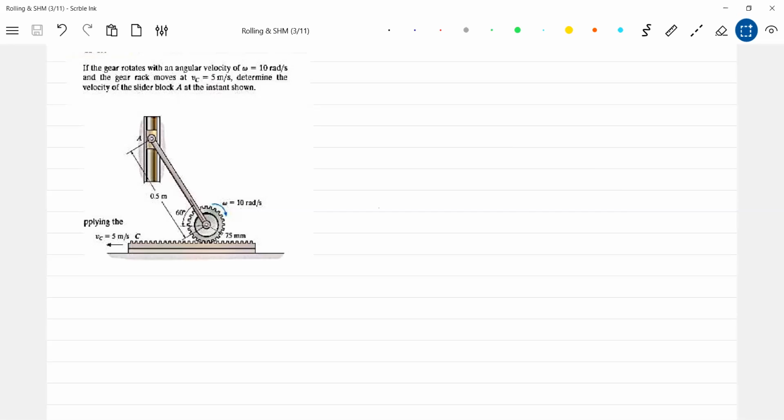Okay, get into it. We'll make the problems simple because most of us are not familiar with diagrams like this.